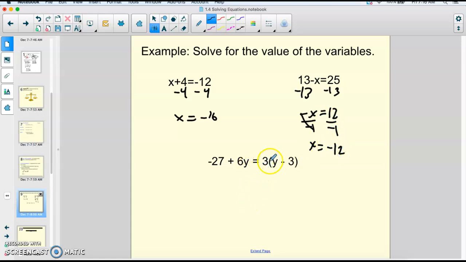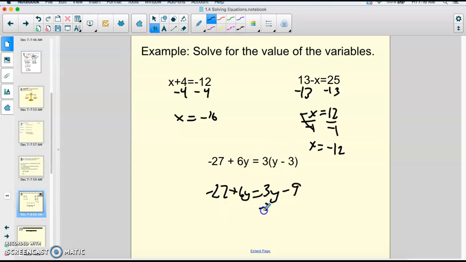Okay, down here we need to take care of our parentheses first, I see. So we got negative 27 plus 6y equals 3y minus 9. Now, you could divide by 3 right away if you see that 27 and 6 are both divisible by 3, but you'll never go wrong by distributing, so that's what I'm going to do.